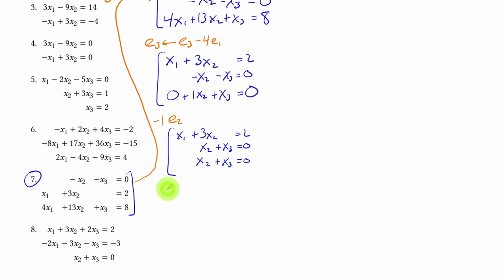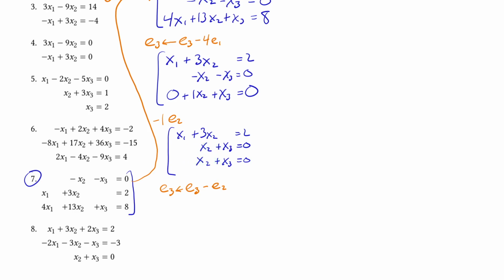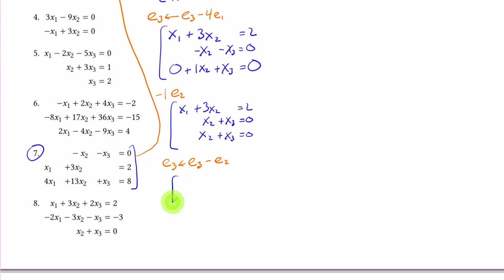So we want to take equation 3 and replace it with the sum of itself and -1 times equation 2. And the goal is we want to make this x2 become 0x2. So we're going to do x2 minus x2. And equation 1 is still the same.